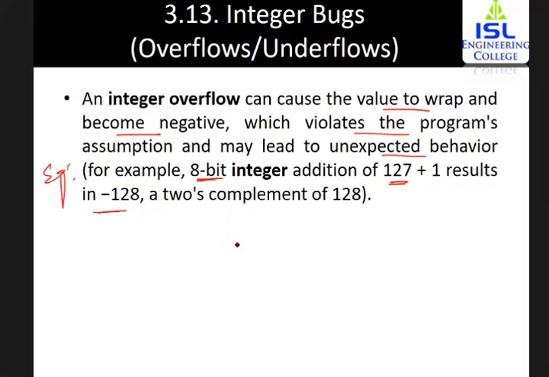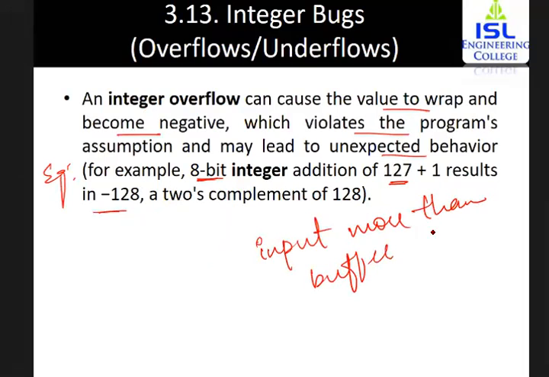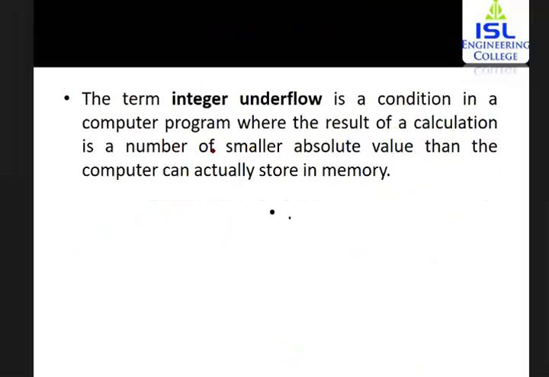In here, you're giving input that is more than the buffer can hold. At that time, whatever value you're adding is going to be converted into a negative value. That is called your integer overflow. The next is the integer underflow.